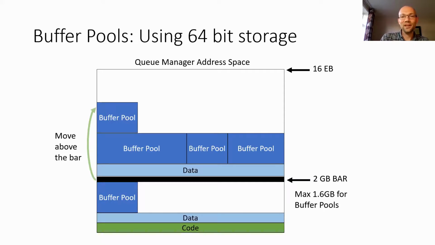And that really will make quite a big difference to the performance of your applications if increasing the size of the buffer pool means that you no longer have to be performing I/O to page set in order to put and get messages. It also means that you're freeing up space below the bar for other storage as well. So it just reduces the storage constraints on everything. And we really are recommending that you move your buffer pools above the bar now in your queue manager.